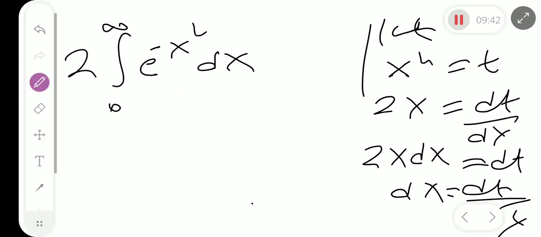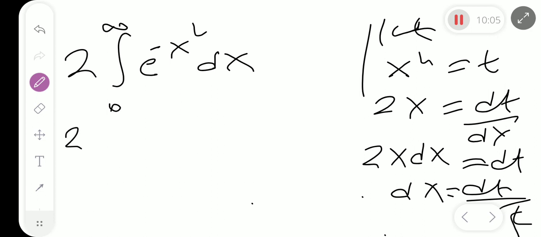Yes, dx will be equal to dt upon 2 root t.